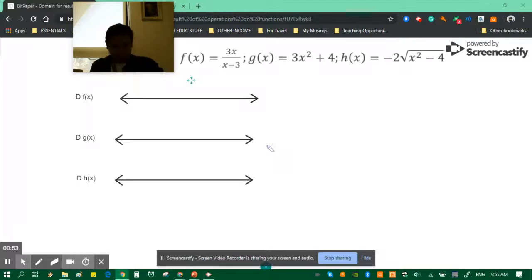So let's look at the domain specifically to illustrate, graph the domains of the individual functions. Starting with f of x, here we know that we cannot have 3 in the domain of f of x. So let's mark 3.